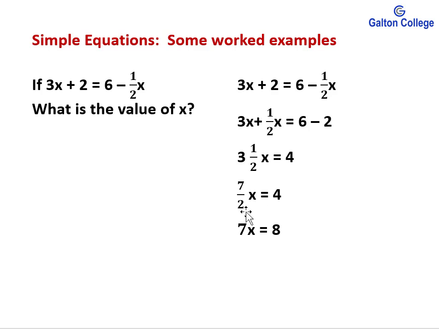Multiply by 2. Now we've got 7x equals 8. We multiply the left hand side by 2, we just get 7x on its own. Multiply the right hand side by 2 as well, so it gives us 8. And when you write it out, you get x equals 8 over 7, or if you like, 1 1/7.